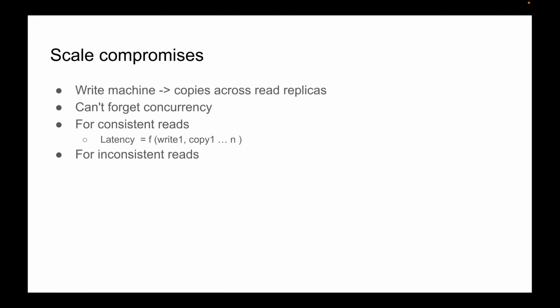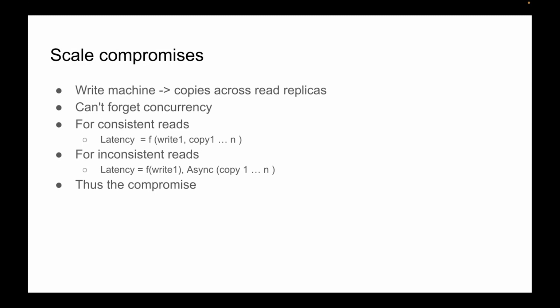Whereas if I say I don't want consistent reads, my latency will be very fast. It is just a function of one write, and all the copies will be asynchronous. I don't have to wait until the copying is done. And hence you make this compromise, and this is what you commonly come to understand as strong consistency versus weak consistency in databases. Many databases, including Cassandra, allow you to tune this consistency level.